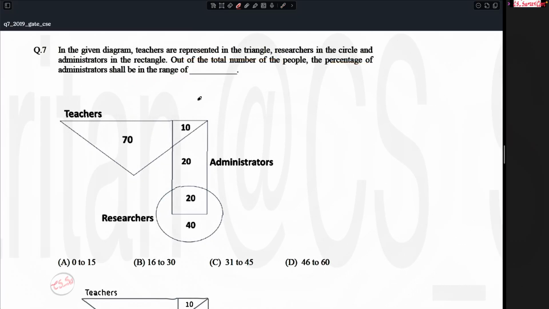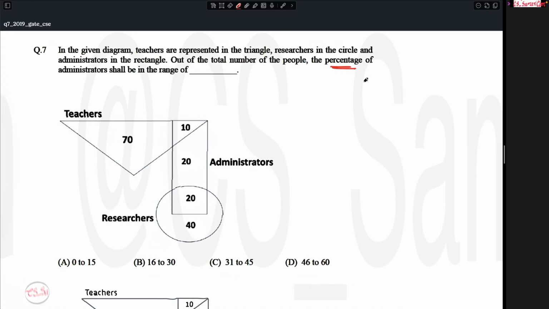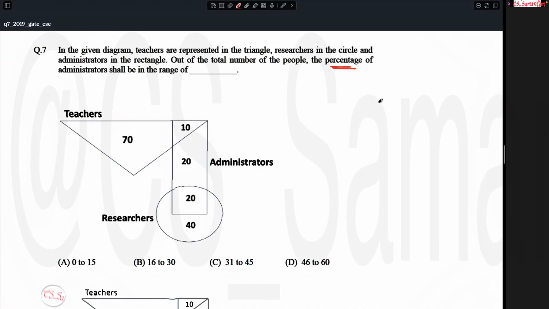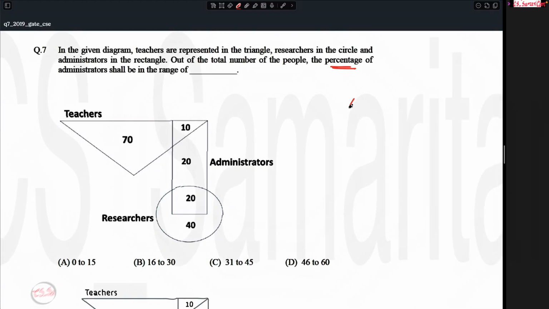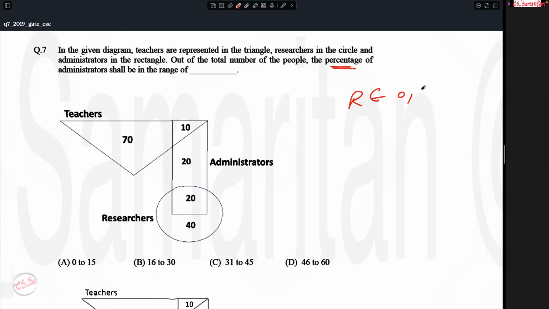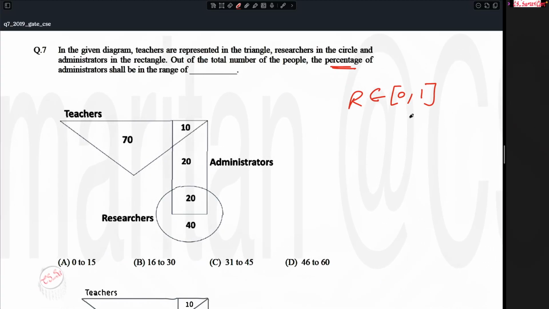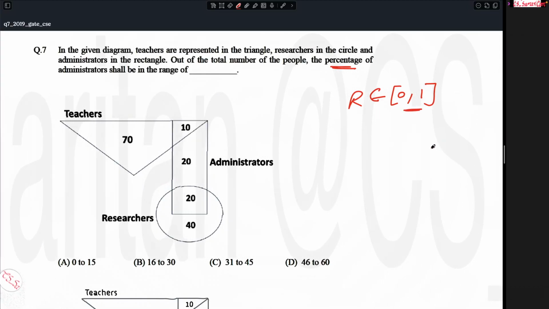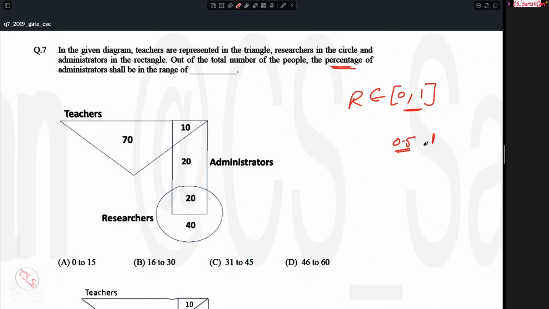So first of all, what is the meaning of percentage? Percentage is basically a ratio represented not as part of 1, but part of 100. A ratio represents a number that lies between 0 and 1, both of them included. So instead of being part of 1, suppose 0.5 is a part of the one quantity.